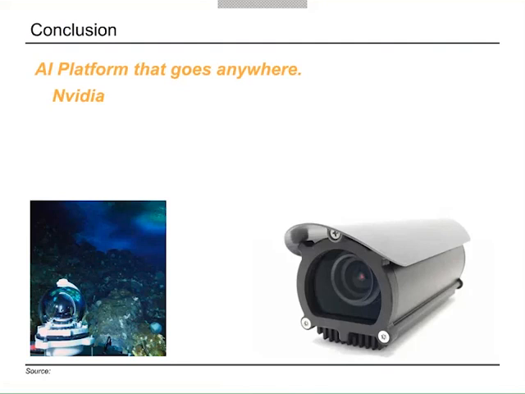And I apologize, looks like we're missing some text here, but the conclusion here is that we have an AI platform that runs all of the algorithm on the camera, and these cameras are meant to go in places that are really difficult to deploy cameras to typically.